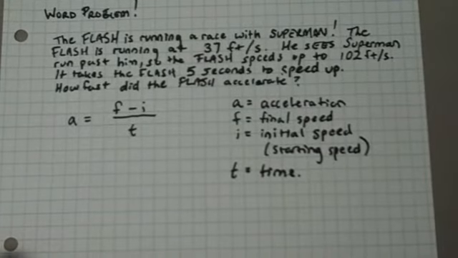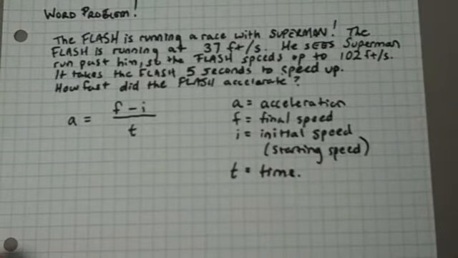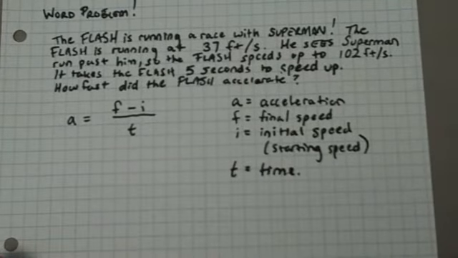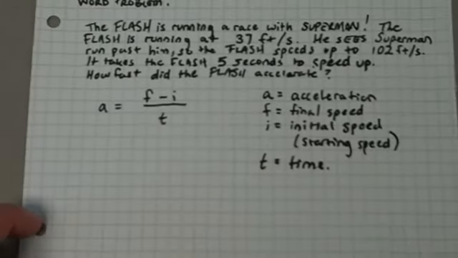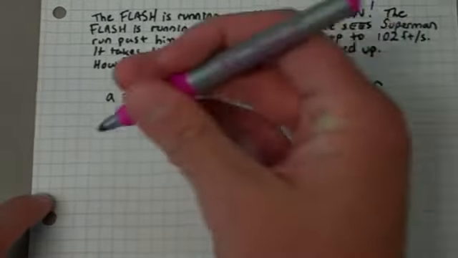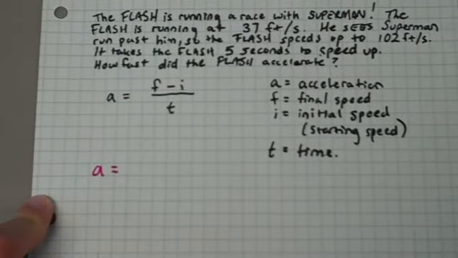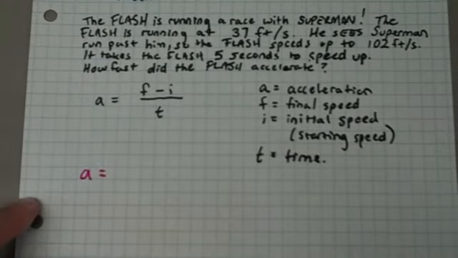So we're going to use this formula. A equals F minus I over T. A is the acceleration, F is the final speed, I is the initial speed, or you can think of it as the starting speed, and T, of course, is time. So let's plug in some numbers. Okay, we do not know what the acceleration is. We're trying to find that, so we're going to leave that as A. The final speed is 102 feet per second, because that's what he finished up in the problem with.